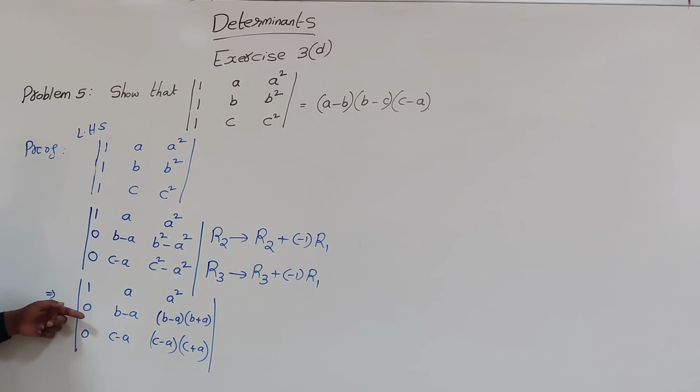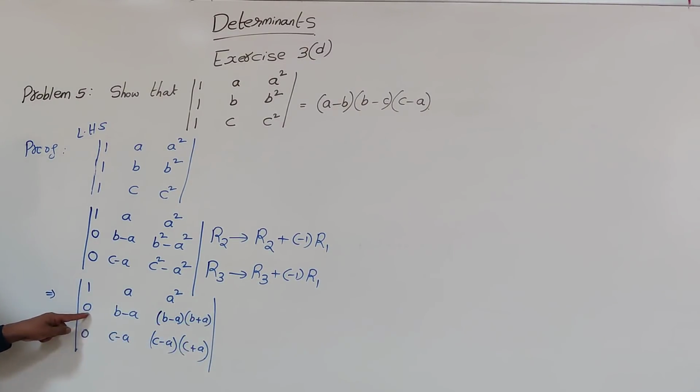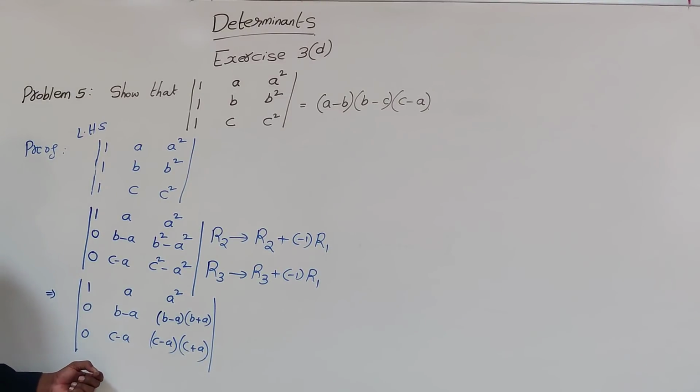Now this is the determinant. If you observe the elements of row 2, 0 into something is 0, then b minus a, and b minus a into b plus a. Means every element of row 2 is a multiple of b minus a. Similarly, in row 3, all the elements are multiples of c minus a.